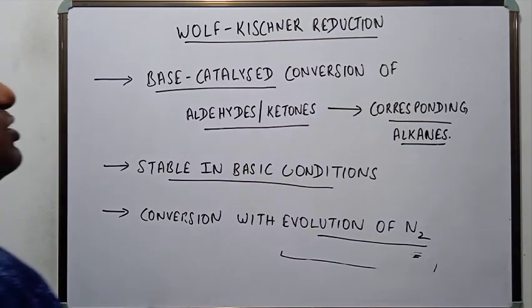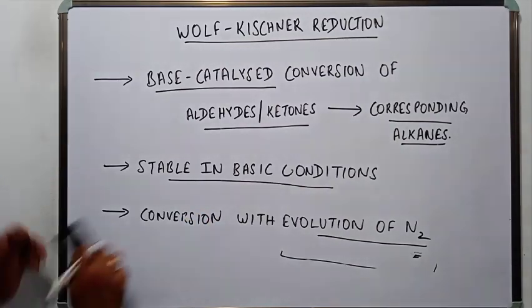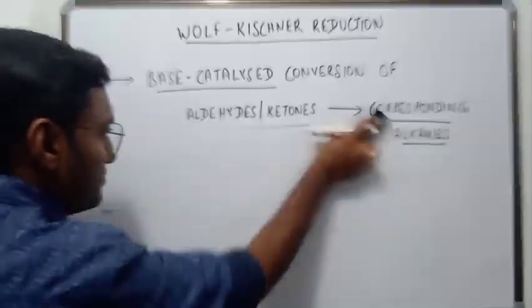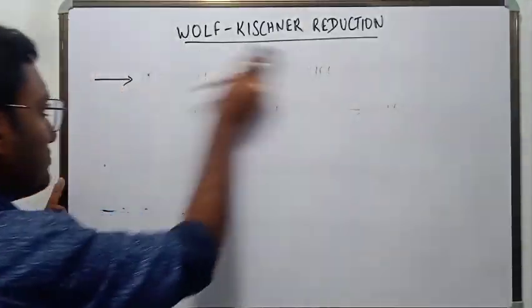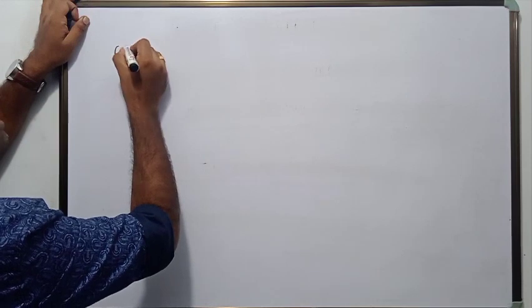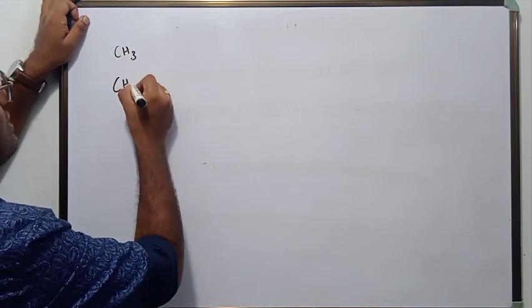Now let us come to the reaction itself. Let me write the reaction first and then we will go for its explanation. In this reaction, we are treating a carbonyl compound with hydrazine. The carbonyl compound that I am taking is acetone. So this is acetone.